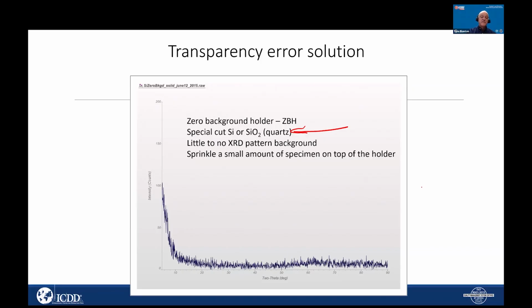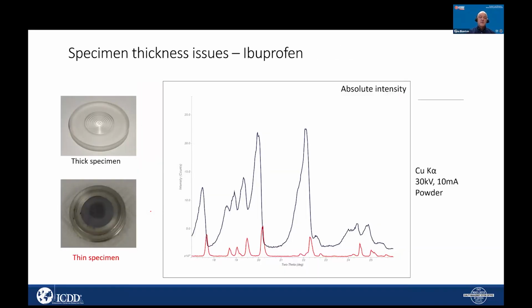Here's an example of a diffraction pattern of a silicon special cut, and you'll see that it's flat in the background, a little bit of direct beam and air scatter, flat background, and you don't get any contribution from that holder. So an example here's ibuprofen, an over-the-counter pharmaceutical, and we have 2 diffraction patterns here.